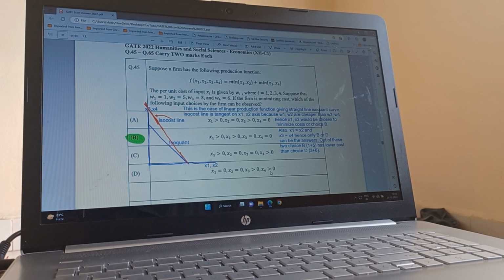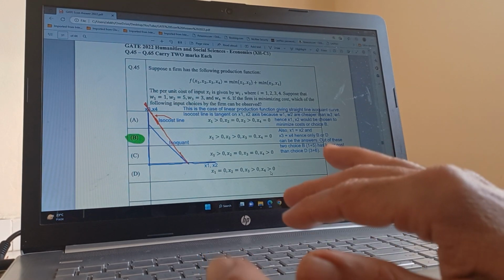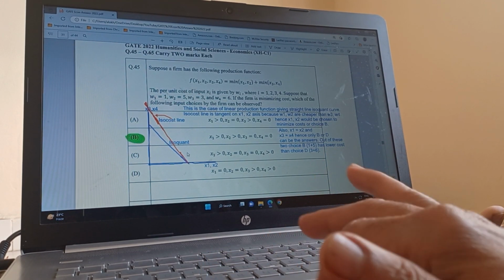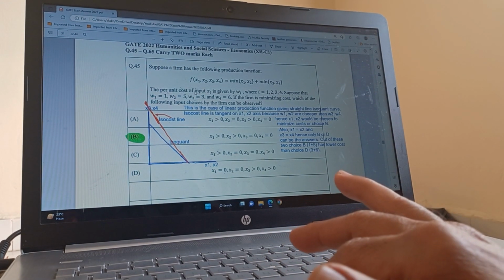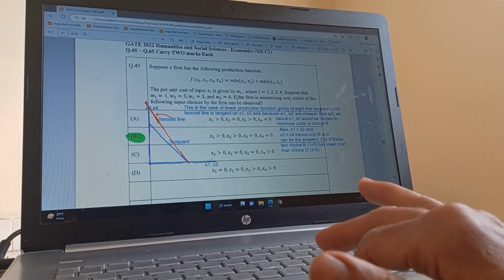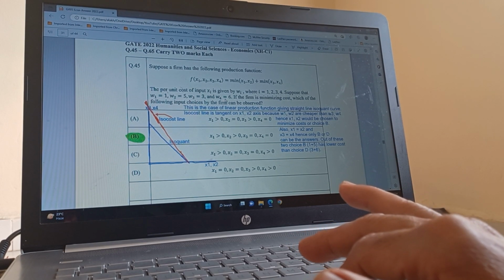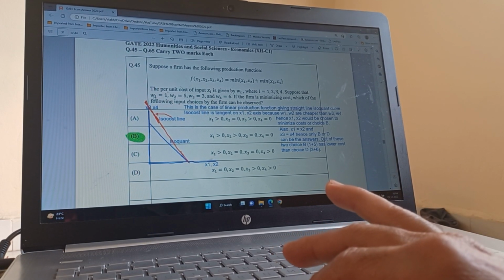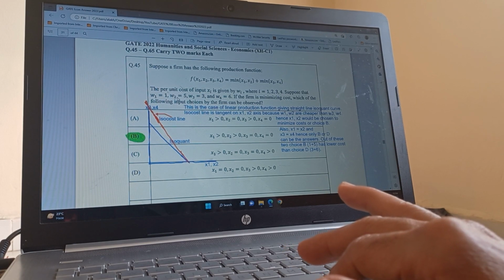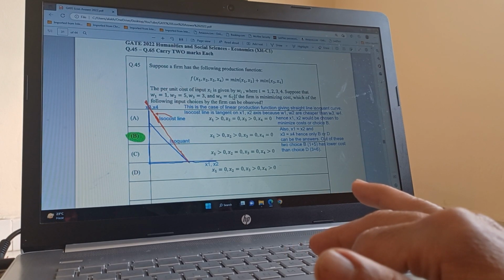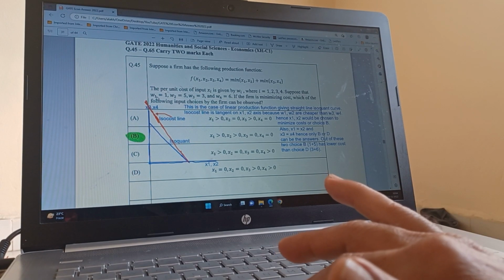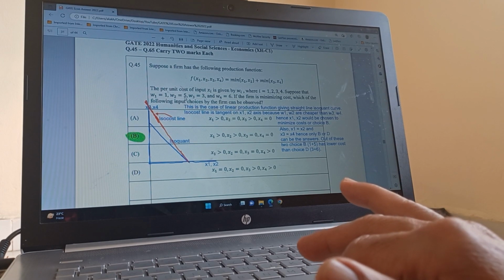So if you don't know economics, you can still conclude that only B or D can be the answer, and then apply your normal guess. Since w1 is less than w3 and w2 is less than w4, the combination of w1 and w2 is definitely less than the total of w3 and w4, which is 9, while w1 plus w2 is only 6.